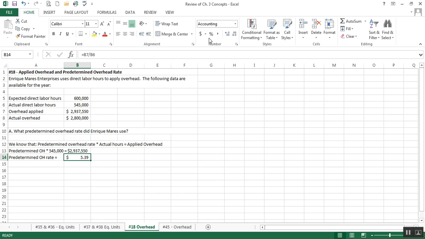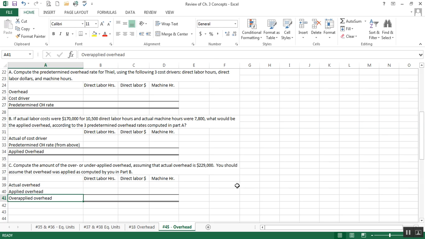If you remember, when we calculate our predetermined overhead rate, we use that rate against the actual labor hours in order to calculate the applied overhead. In this case, the applied overhead was more than the actual overhead. Therefore, we over-applied our overhead.